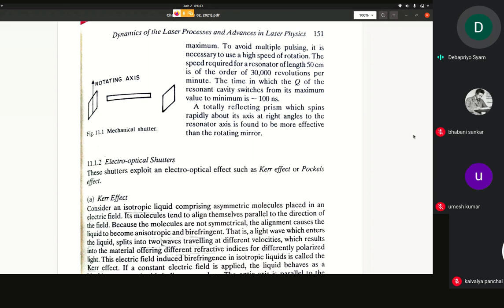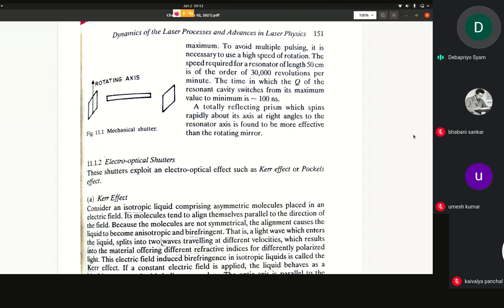As I mentioned, the xenon flash lamp emits flashes of duration something like 2 milliseconds, and the rotating mirror has a period of rotation which is also equal to 2 milliseconds. So when the flash just gets over, the rotating mirror again gets aligned with the fixed mirror, and then this sudden burst of radiation is delivered by the lasing rod. So this is the mechanical arrangement.